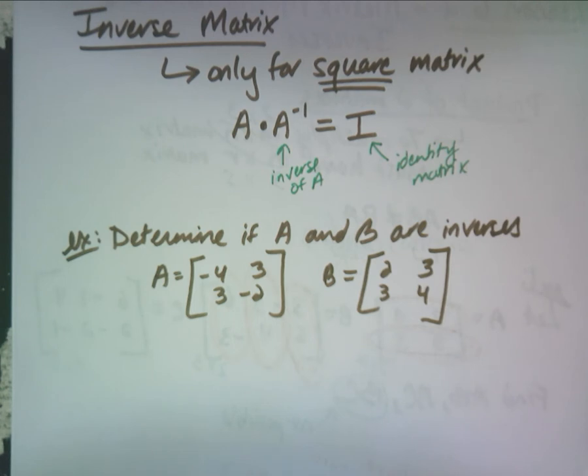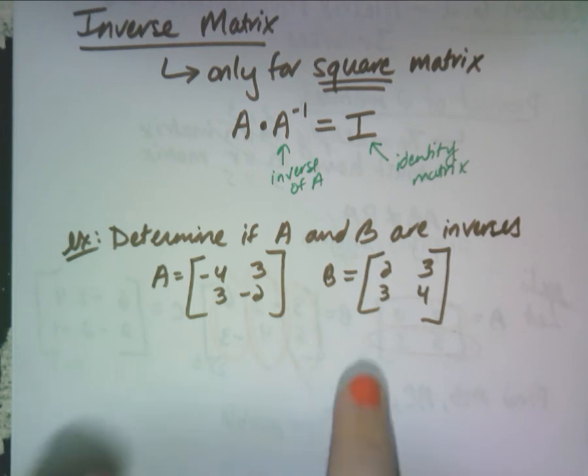So if you're determining if two matrices are inverses, then all you have to do, according to this definition, is multiply them together and get out an identity. If you get out the identity when you multiply them together, you have to get ones along the diagonal and zeros everywhere else. If you got like 1 1 0 0, that's not going to cut it. It has to be 1 0 0 1.